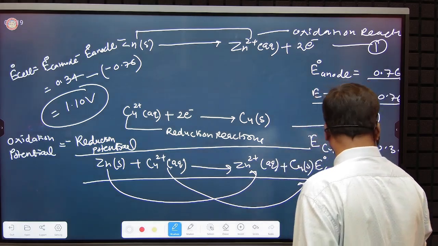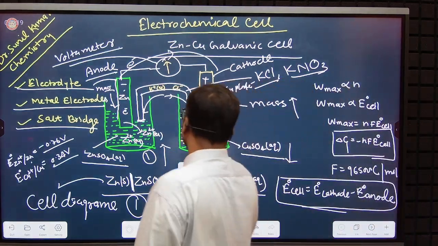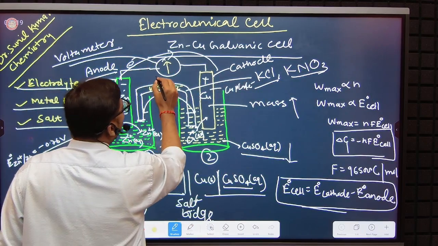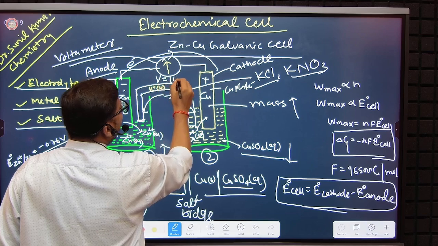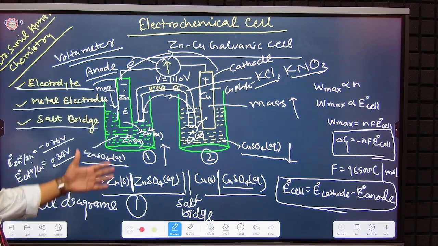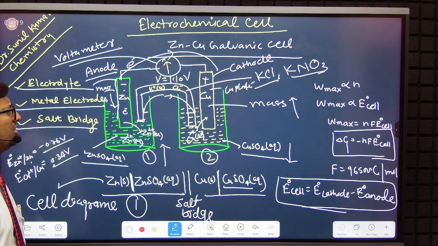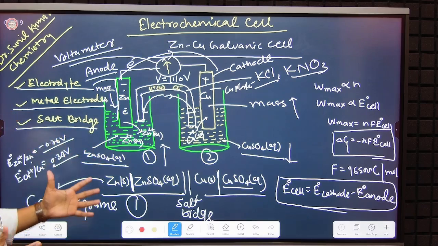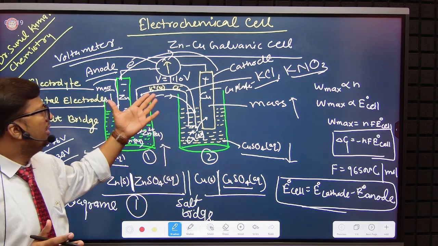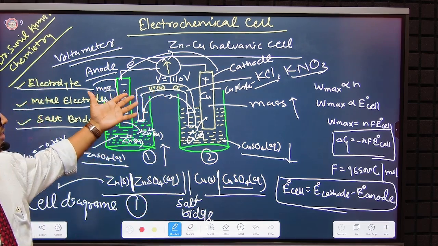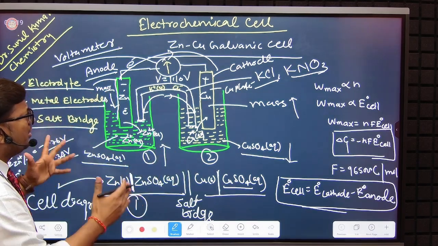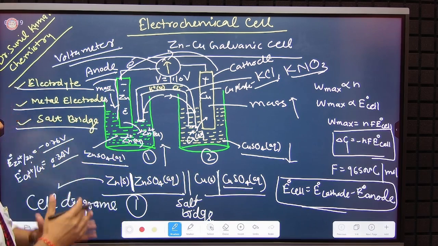It means this setup will produce a final voltage of 1.10 volt, right? Because of the redox reactions, the chemical reactions are converted into electrical energy, so it has an electric voltage. Such a conversion is spontaneous.